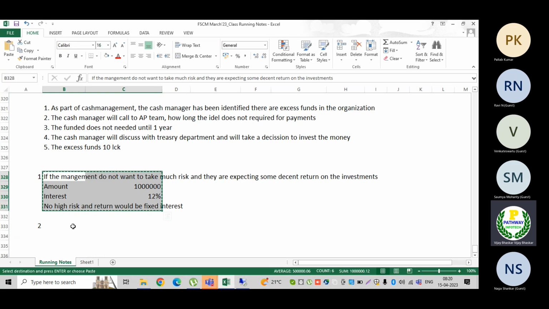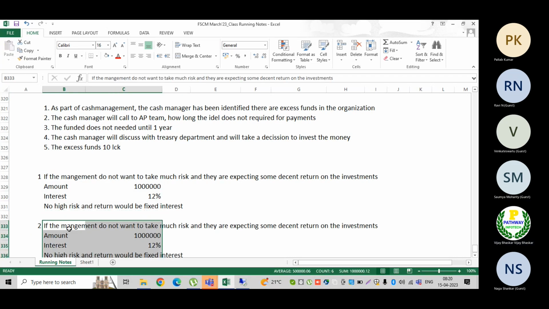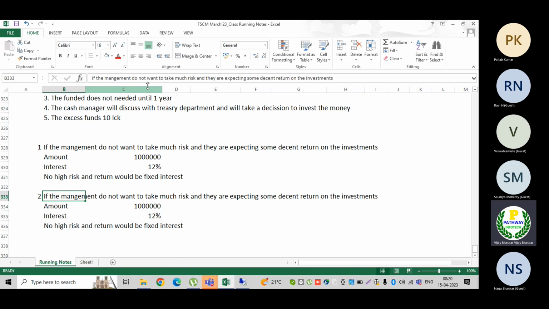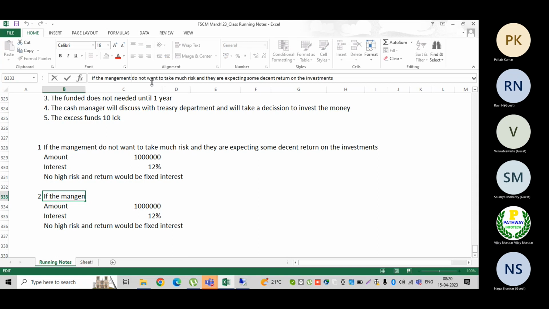I'll take the same example here. If the management decided that they want to take more risk, and they are expecting a return on their investment higher than the FD rate.